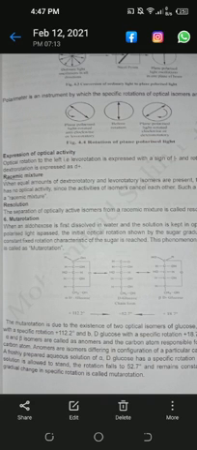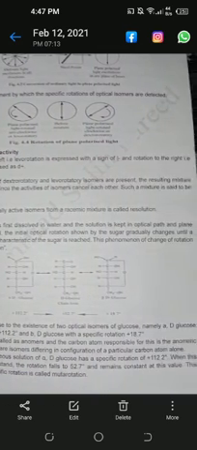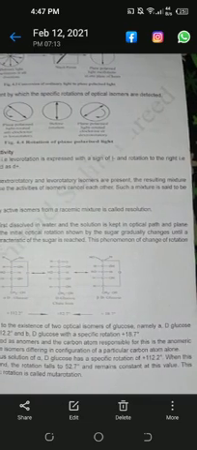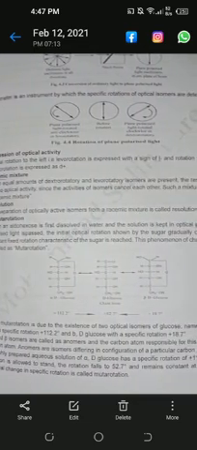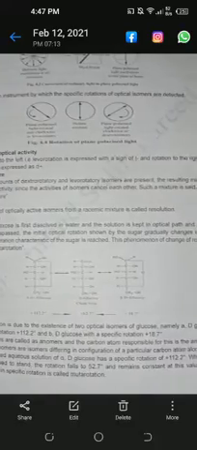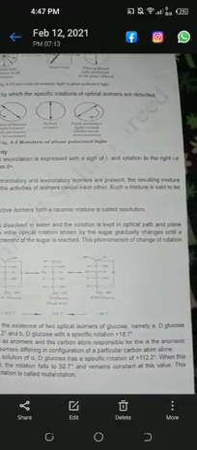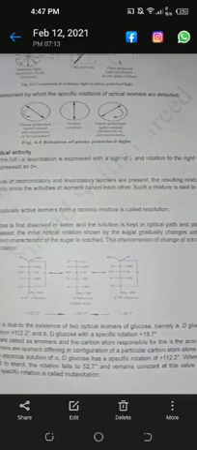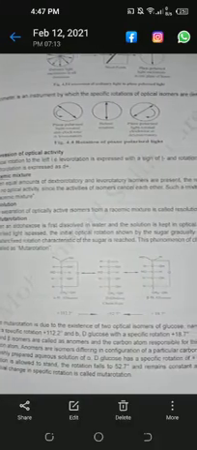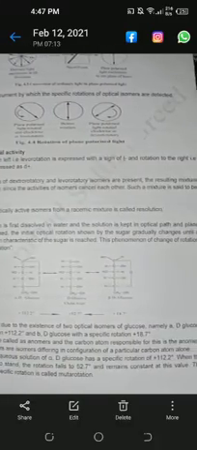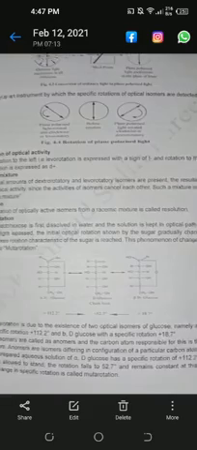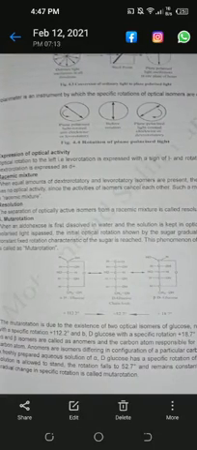Mutarotation. When an aldohexose is first dissolved in water and the solution is kept in the optical path and plane polarized light is passed, the initial optical rotation shown by the sugar gradually changes until a constant fixed rotation characteristic of the sugar is reached. The phenomenon of a change of rotation is called mutarotation.